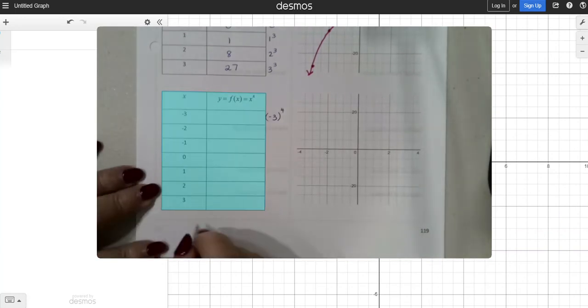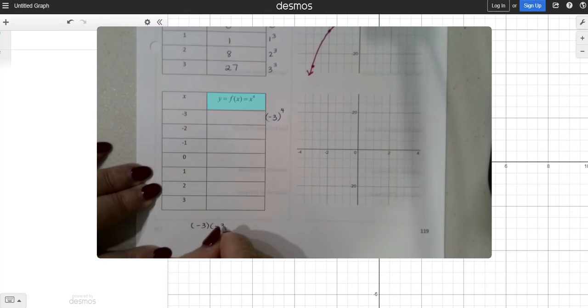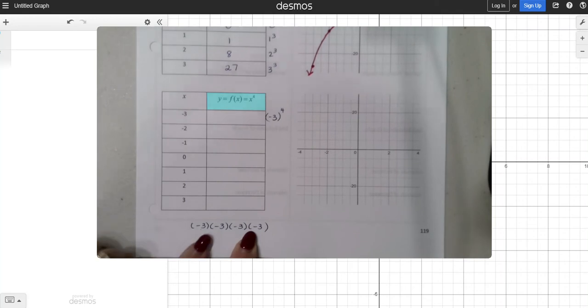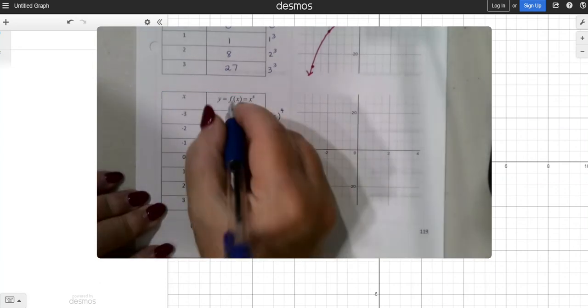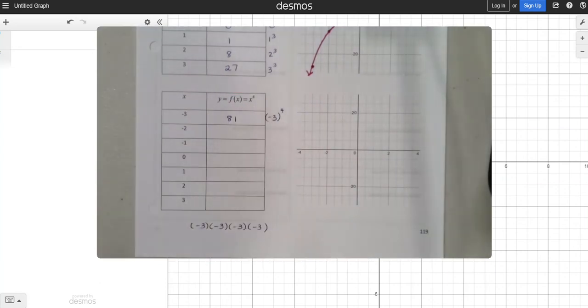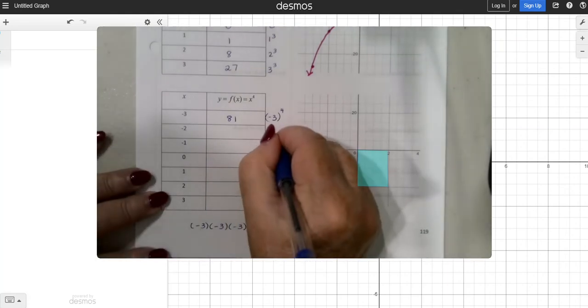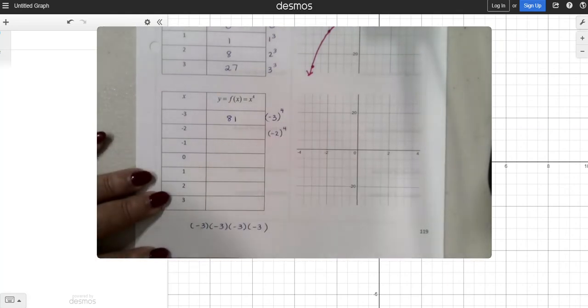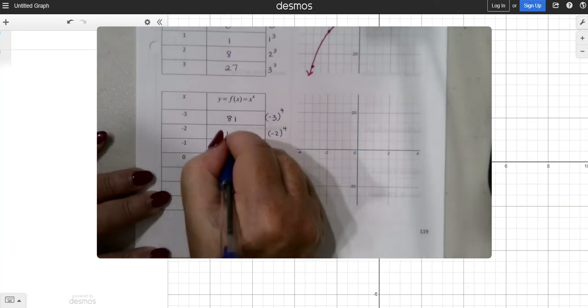And just a real quick reminder, if you multiply negative 3 by itself a total of 4 times, negative times negative is positive, another negative times negative is positive, so you're going to end up with a positive value here. 9 times 9 is 81, so this would be a positive 81. Negative 2 to the fourth power. Again, 4 negatives will make it positive. 2 times 2 times 2 times 2 is 16.